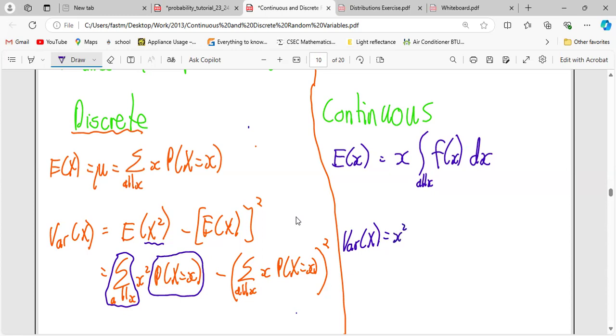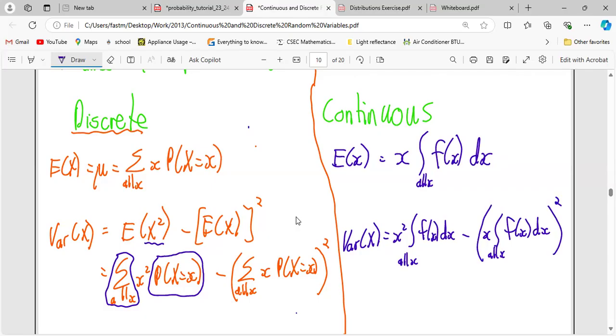So this will be the integral over all x of x squared f(x) dx, minus the integral over all x of x f(x) dx, all squared.